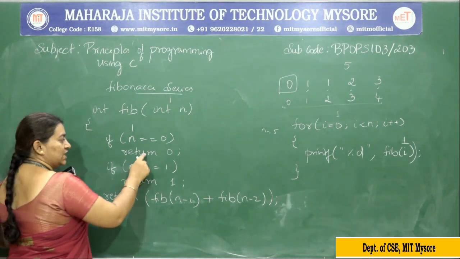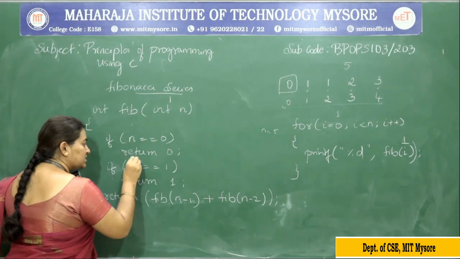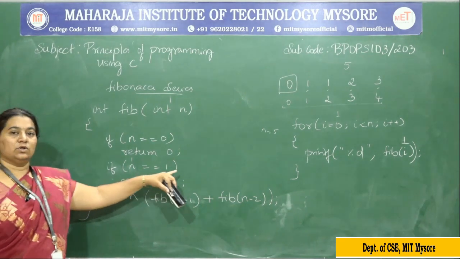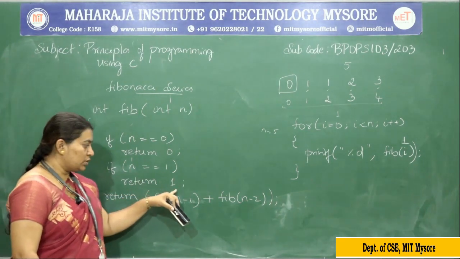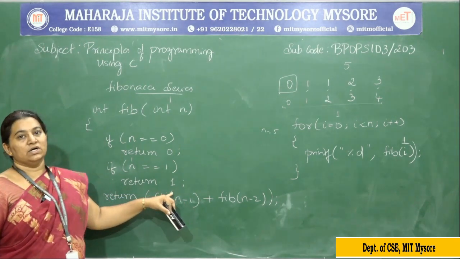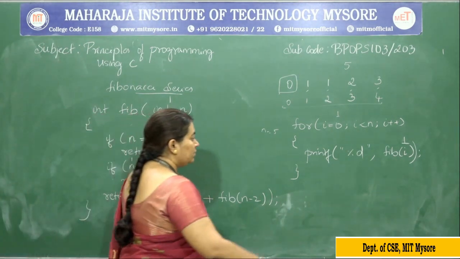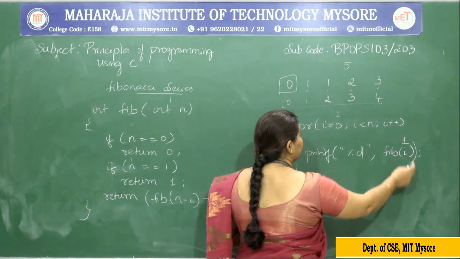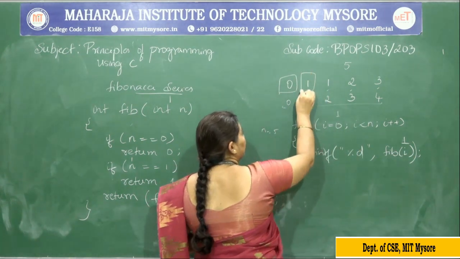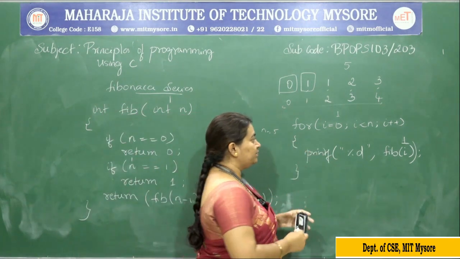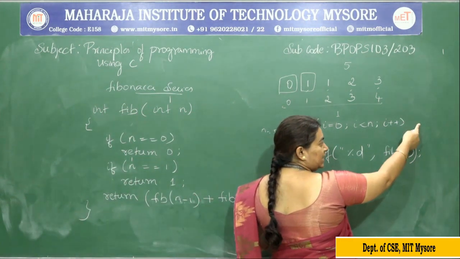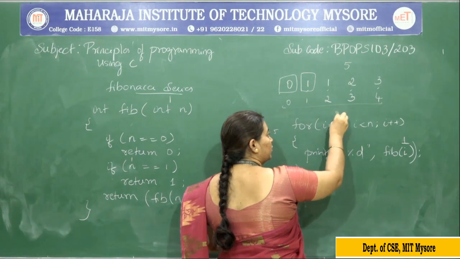No, so this condition doesn't hold. Next, is 1 equal to 1? Yes, this condition holds, so it is going to return 1. Once fib of 1 is called, 1 will be returned back. Next, I am going to increment my i, it will become 2.